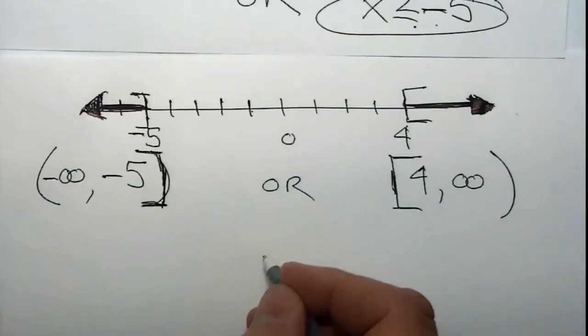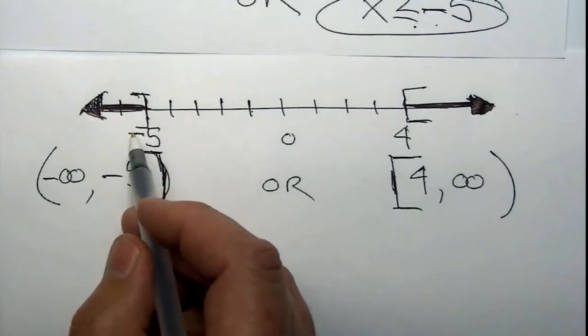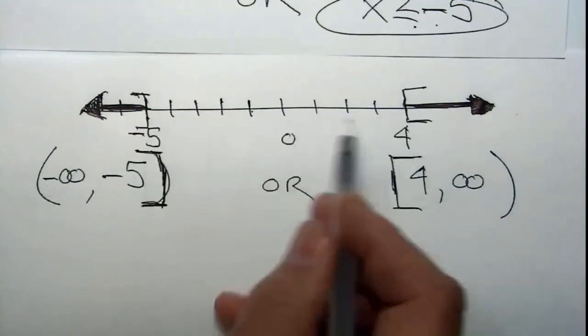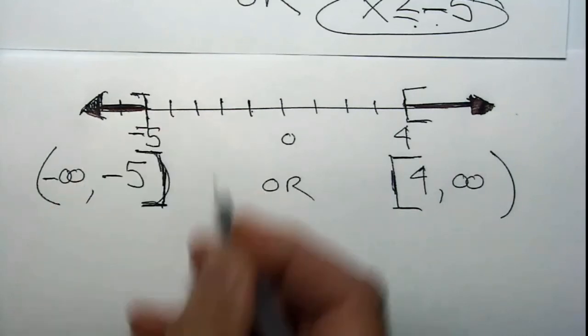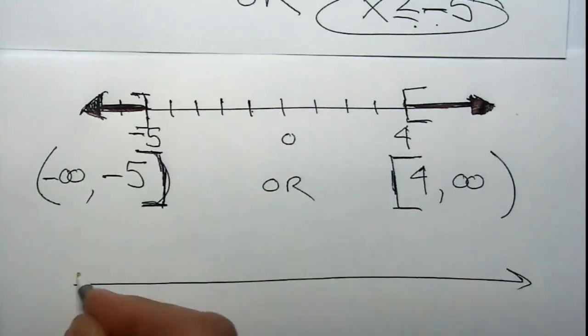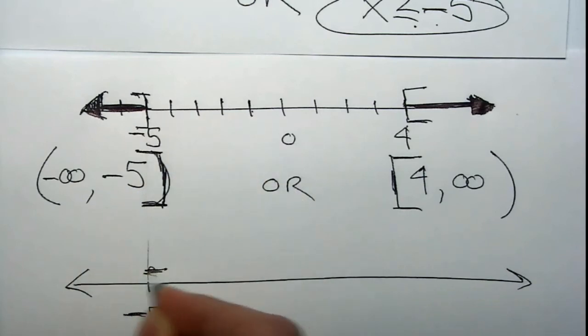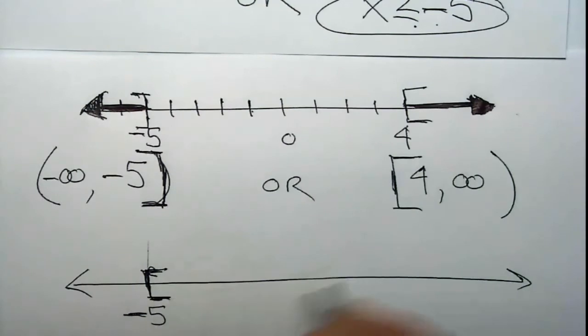The first thing I think you should discover is that it could be this, or it could turn in on itself as well. Now think about the difference between those two cases. Let's line this up with minus 5, and let's turn it in on itself and have a one-interval solution. Let's put our 4 here.